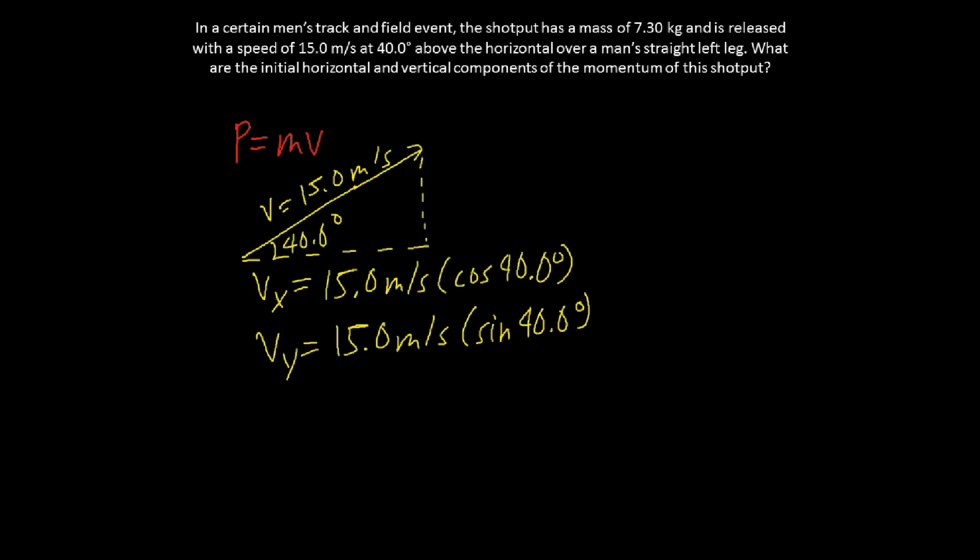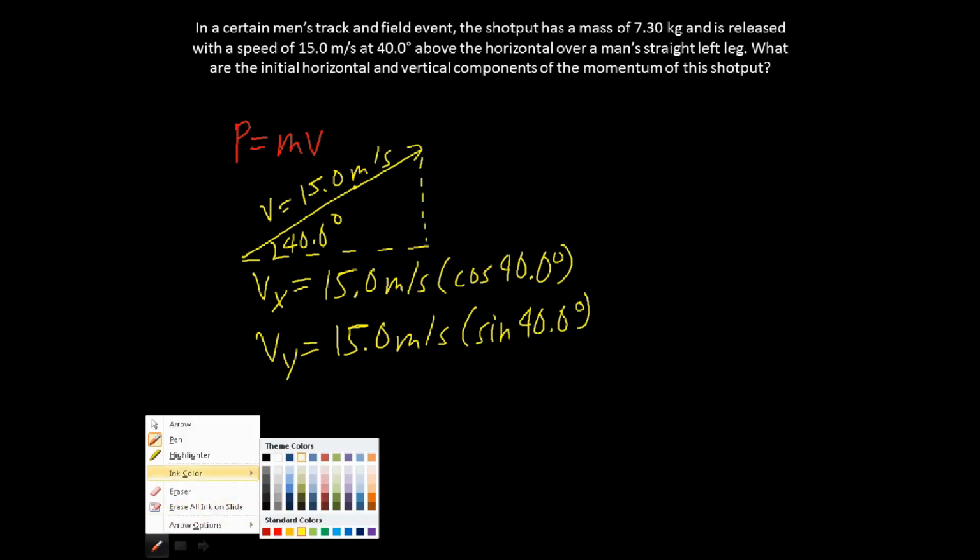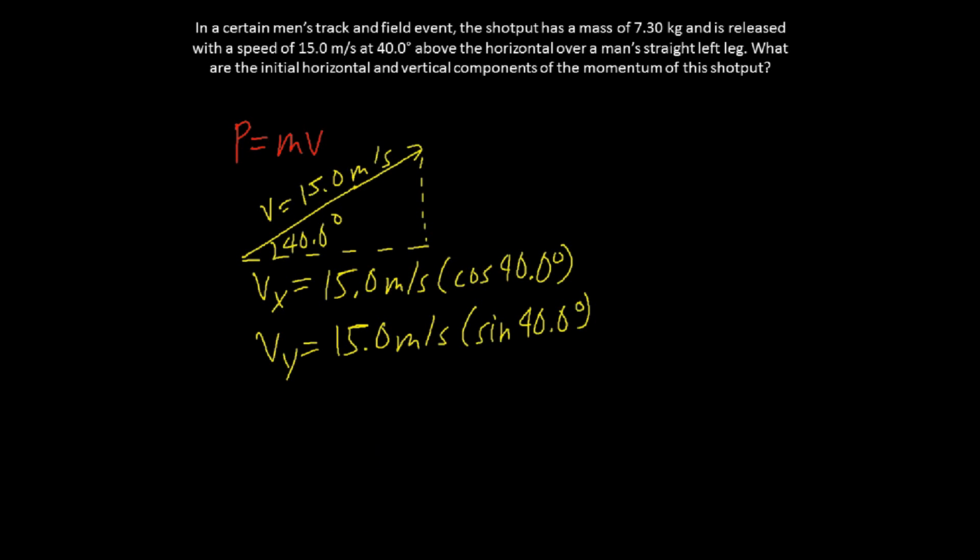Now we're ready to solve for the initial horizontal and vertical components of the momentum. So I'm just going to change the color so it will be easier for us to identify what we are going to solve. Okay, so the x component of the momentum would be mv cosine theta.